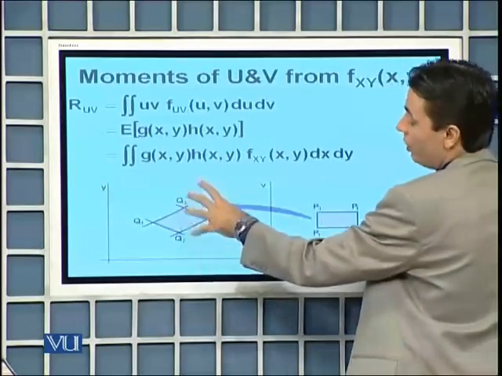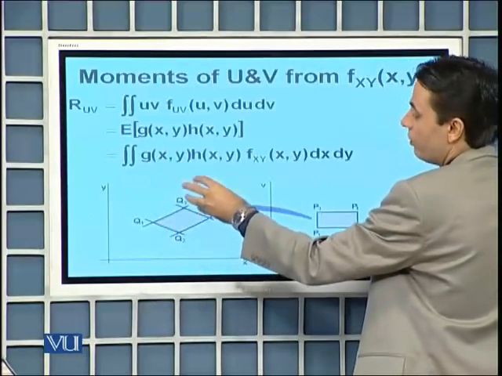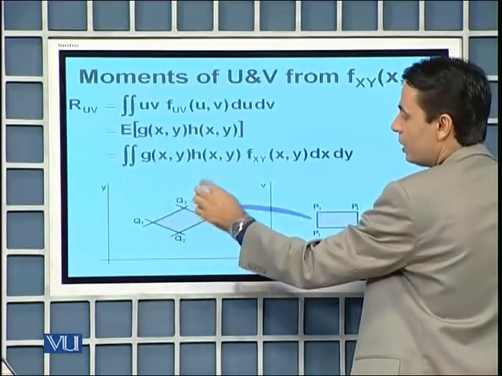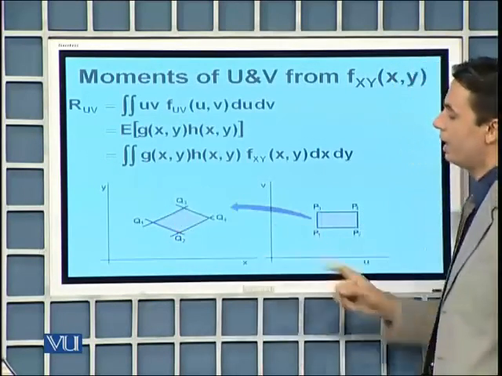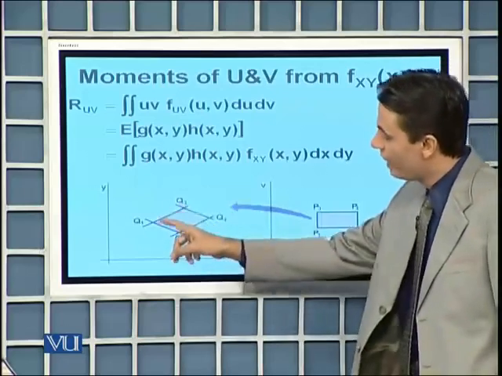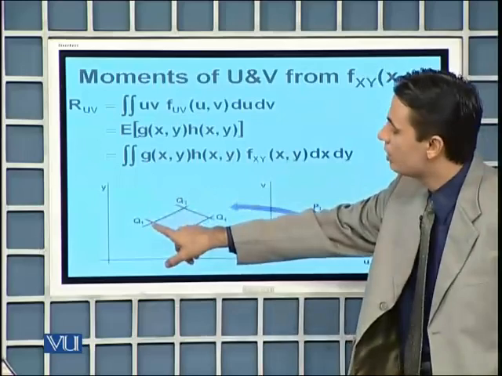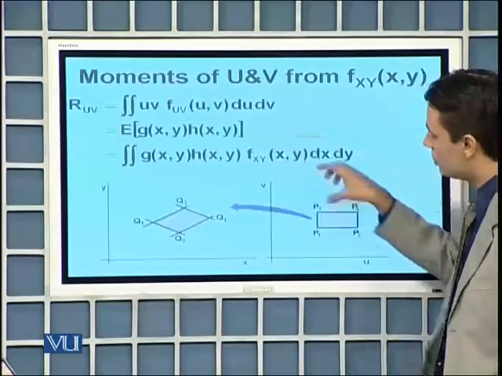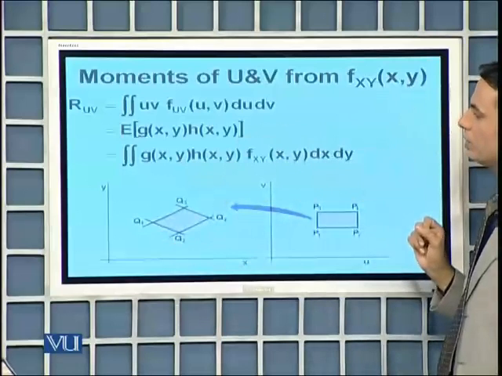So if you take all those parallelogram-shaped regions, find their area and multiply that area with the known PDF of x and y and the values of u and v which are obtained from values of x and y through g and through h, then this is exactly the expression we are looking for.